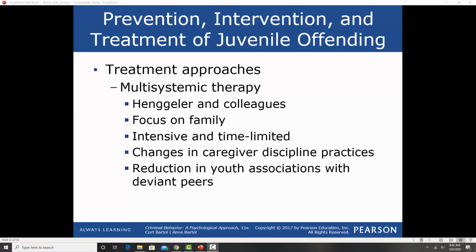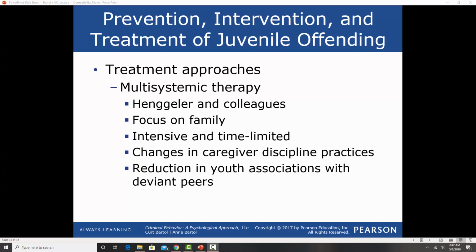A South Carolina study found arrest and incarceration rates reduced by 64% in a 59-week follow-up study of multisystemic therapy. A 1995 study followed 176 participants for 14 years. That's called a longitudinal study, by the way, and found significantly lower recidivism rates when compared to a control group that did not attend multisystemic therapy.